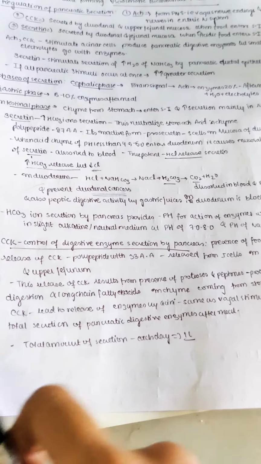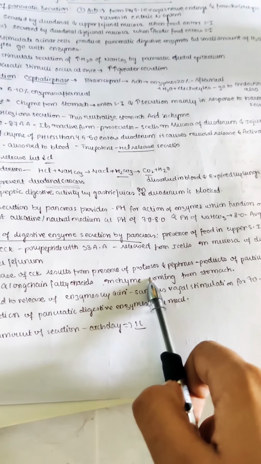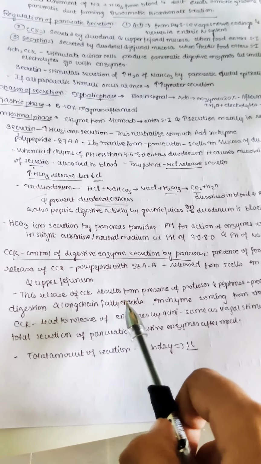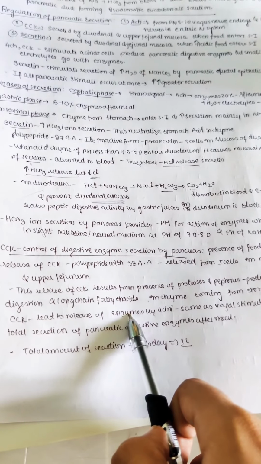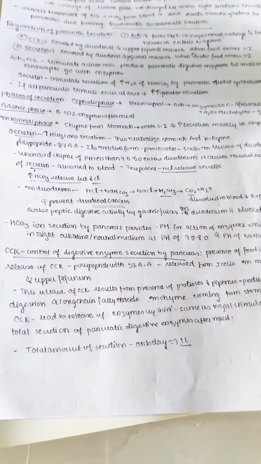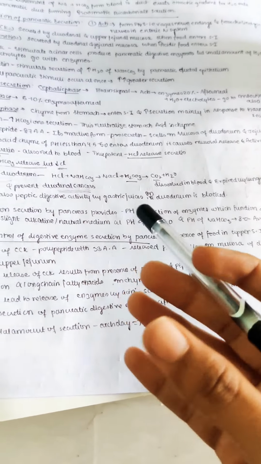The release of CCK mainly results from the presence of proteases and peptones, products of partial protein digestion, and long chain fatty acids. Because of the presence of proteins and fatty acids in the chyme coming from the stomach, CCK is released.